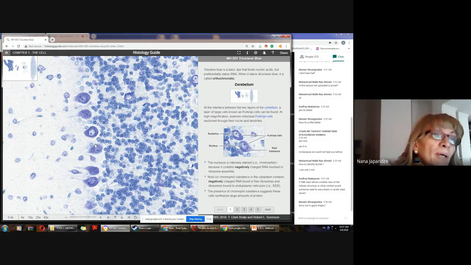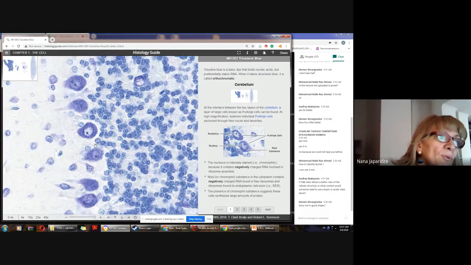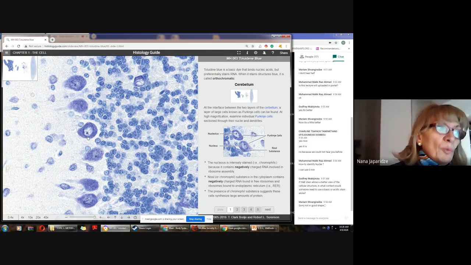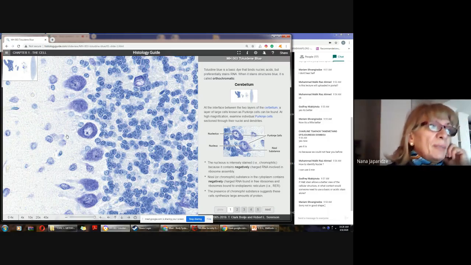You know why? Because the neurons have a well-developed cytoplasm with the rough endoplasmic reticulum. So look, cytoplasm became very well stained, and the shape of the nucleus, the shape of the whole cell is clearly visible. And of course, size too.